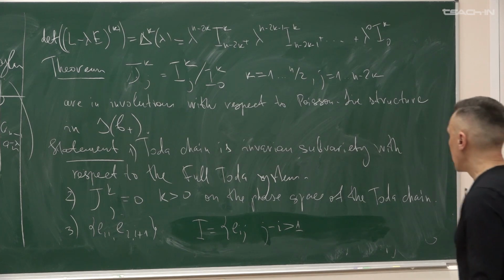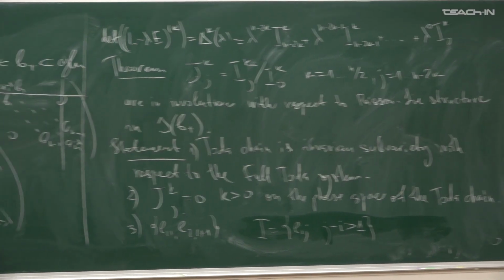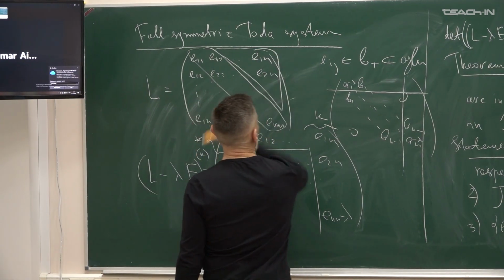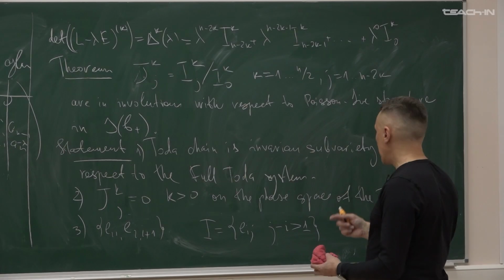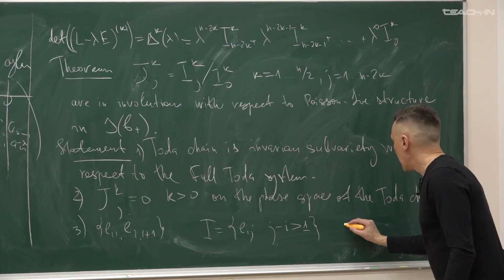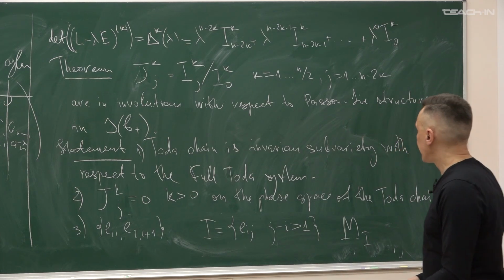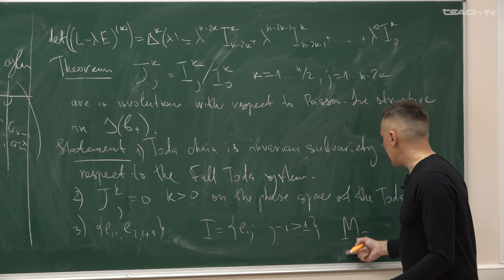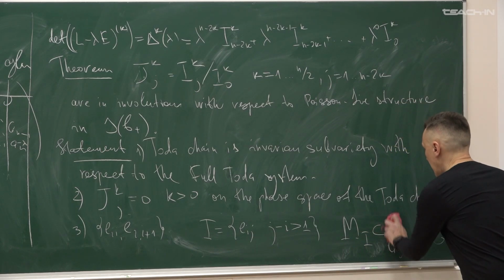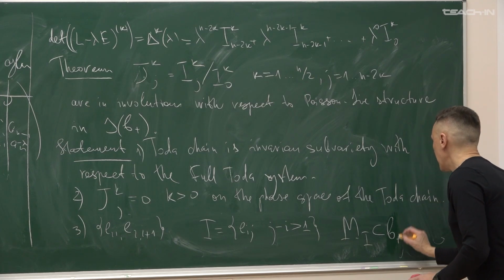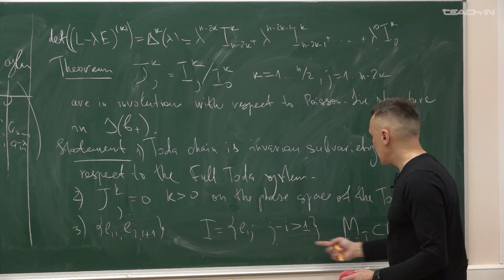So I consider the ideal generated by all these functions, and then I consider the submanifold M_i of b plus dual which is given by this ideal.